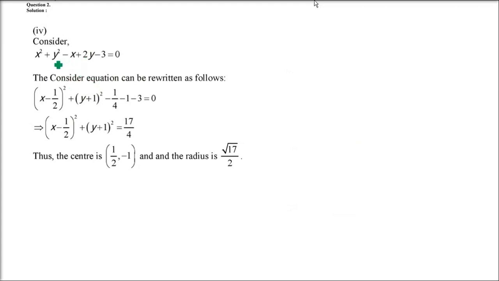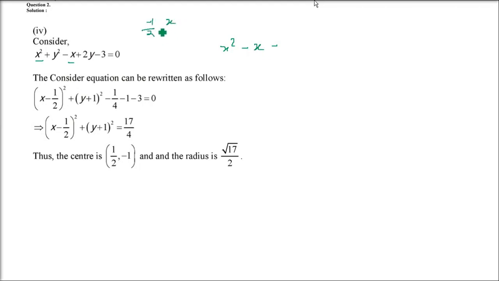So the next one also, same thing we have to do. x square plus y square minus x plus 2y minus 3 equals 0. Now take the x terms together, x square minus x. Take the coefficient of x, that is 1, divide it by 2, that is 1 by 2, square it, 1 by 4, add and subtract.